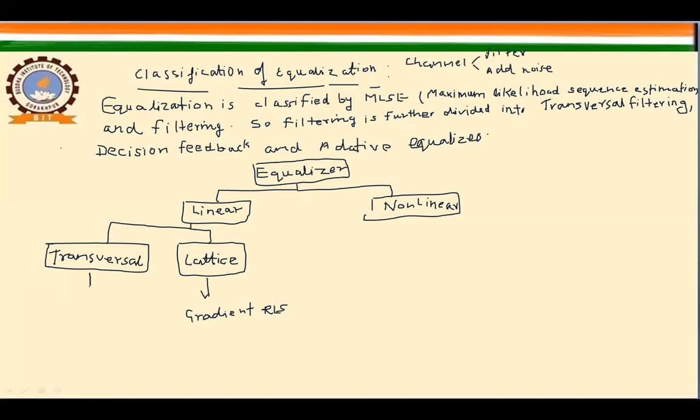Now transversal is divided into zero forcing, LMS, and RLS, the recursive least squares or square root.